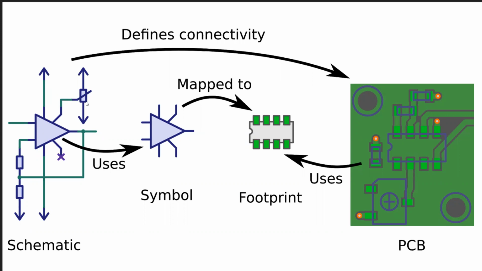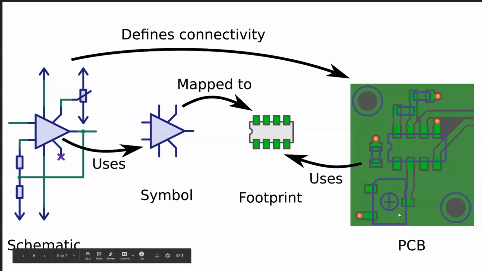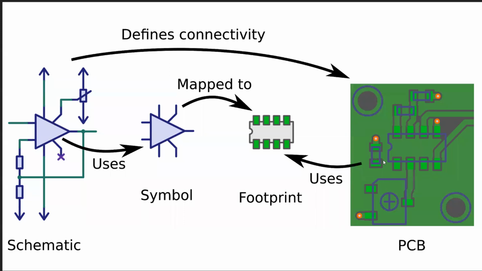Once you finish the schematic, each of the symbols gets mapped to a footprint, which is how it's going to look on the PCB. For example, right here, this is a footprint for a button, I think. And this right here is probably a footprint for a resistor or capacitor. So the goal is to go from schematic, map symbols to footprints, and then go to the PCB layout.